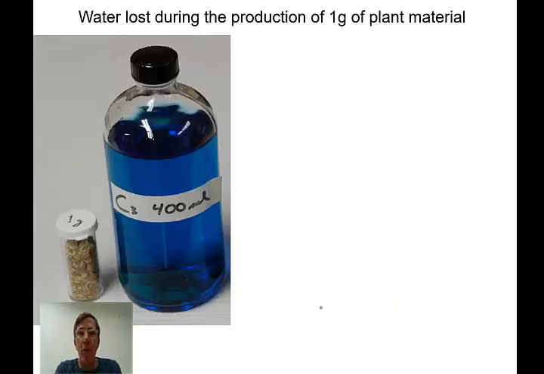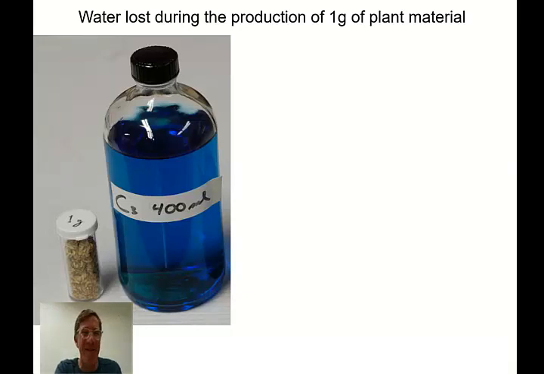All right, so water loss is one of the first challenges of photosynthesis. Now, I mentioned earlier the term C3 photosynthesis, which is what most plants do. And so this is a nice way to think about it. In this little vial here is 1 gram of dried plant material, basically cellulose. This is, I think, some dried basil from my kitchen.